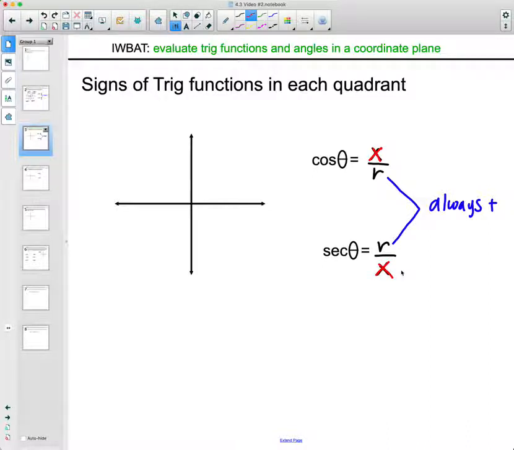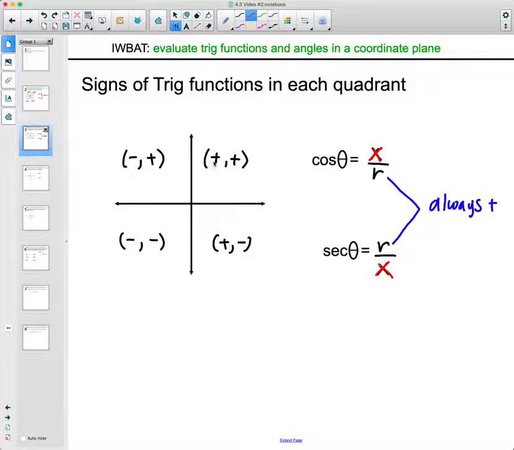If the x is negative, the cosine and the secant are negative. Again, in the first quadrant the x value is positive and the y value is positive. Second quadrant, x's are negative, y's are positive. Third, x's are negative, y's are negative. Fourth, x is positive, y is negative.